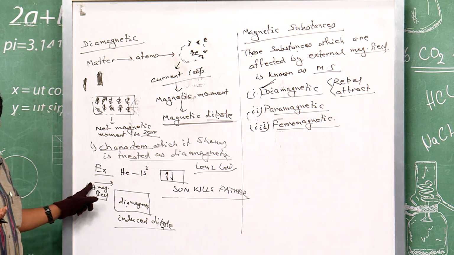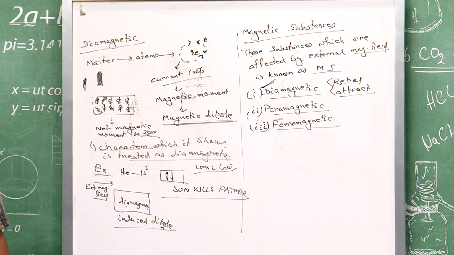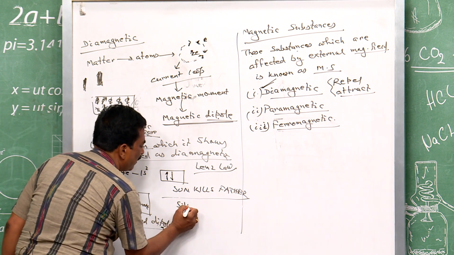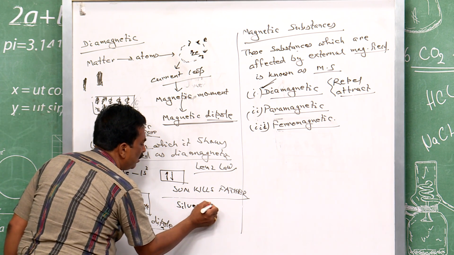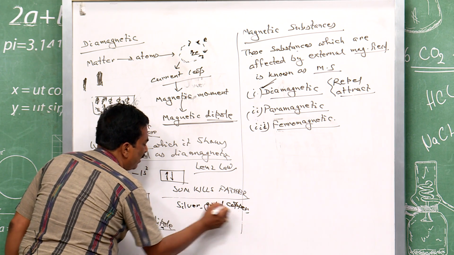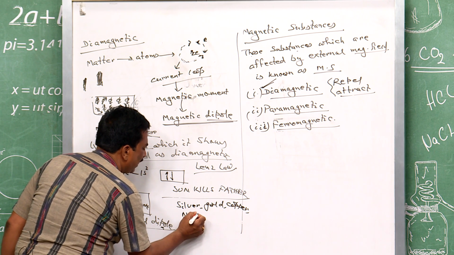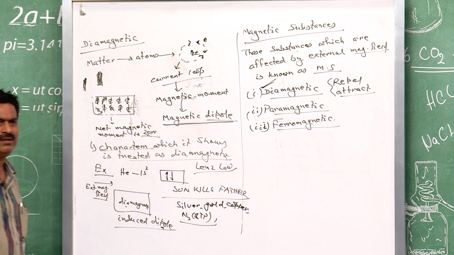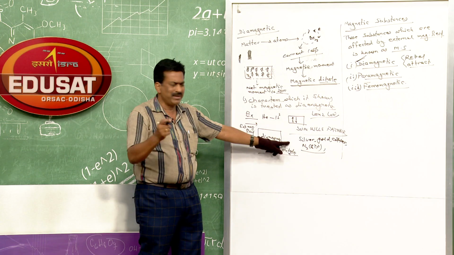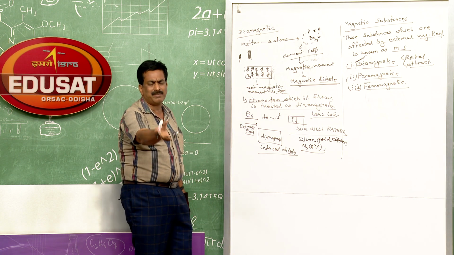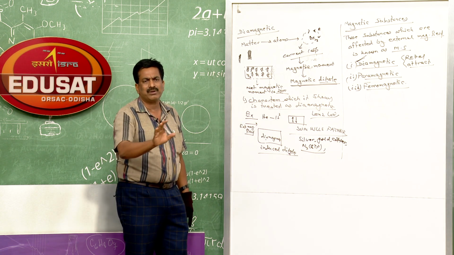And what are its examples? Most of the valuable substances which we are using, like silver, gold, copper, nitrogen at STP. These are diamagnetic substances. If silver, gold or copper is taken towards the magnetic field, it will not be attracted.